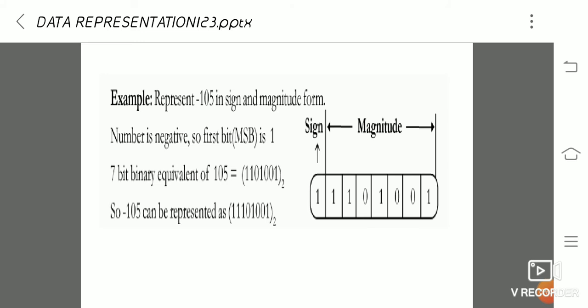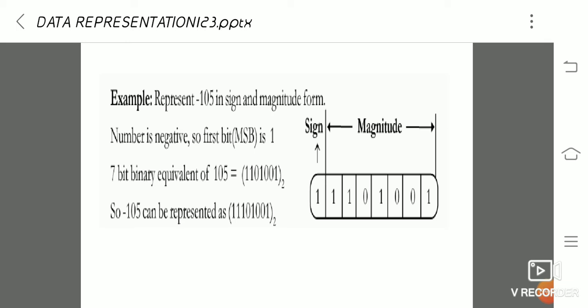Now another number, which is a negative number. How do we represent it in sign and magnitude form? For a negative number, the MSB should be 1. The most significant bit is represented by 1 in negative integers, and the remaining positions are the binary equivalent of 105. The 7-bit binary equivalent of 105 is 1101001 to the base 2.